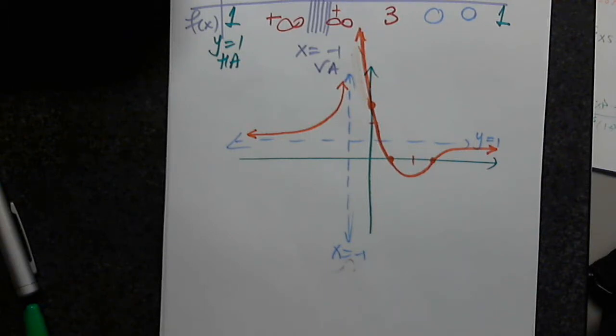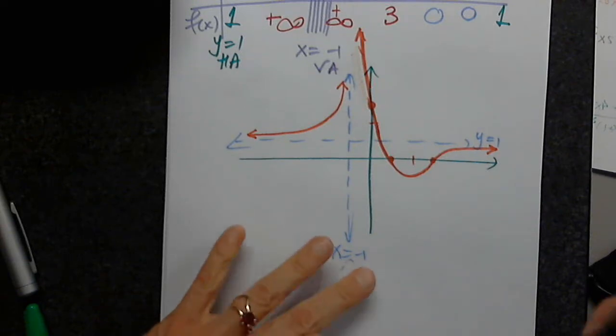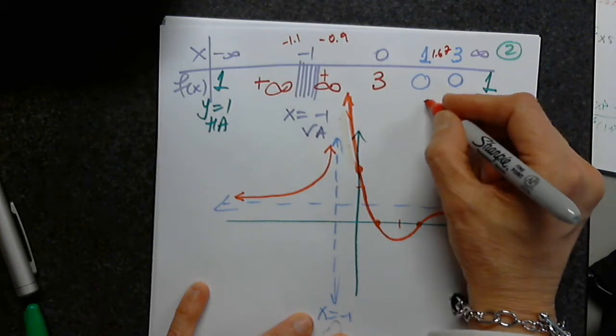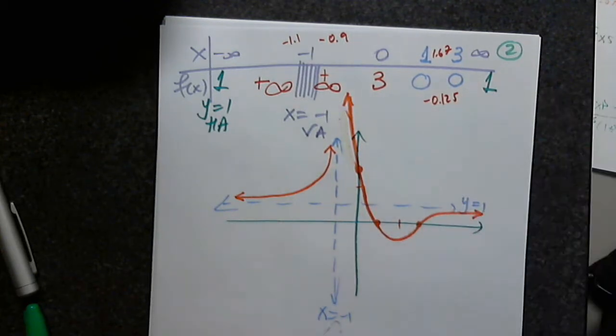So second and calc, it's a minimum. So I want 3, and I wanted the calculator to find it between 1 and 3. 1, enter, 3, enter, no guess, enter again. And it is 1.67 and negative 0.125.